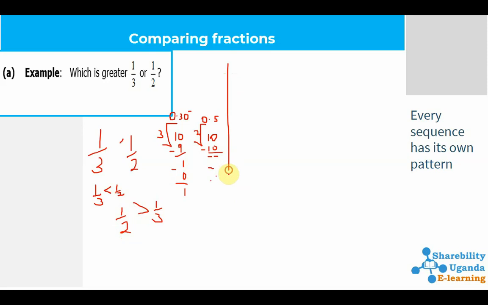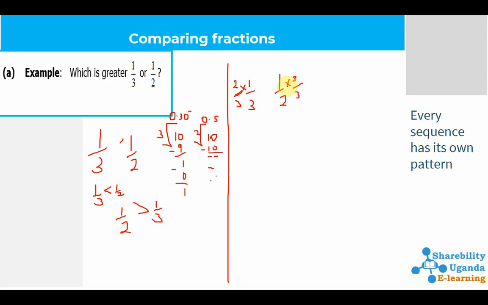There is also another method you can use. If you have 1 out of 3 and 1 out of 2, we multiply the denominator, which is a 2 here, 2 times 2 out of 2 times this, you exchange, you multiply, then here we say 3 out of 3, we multiply them.